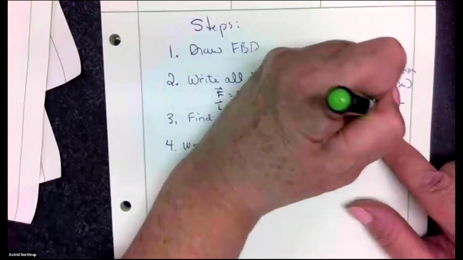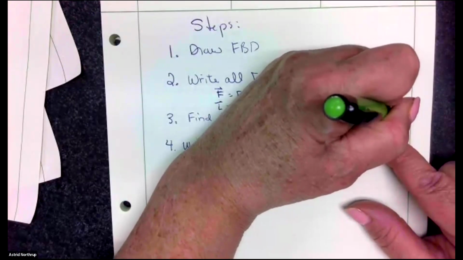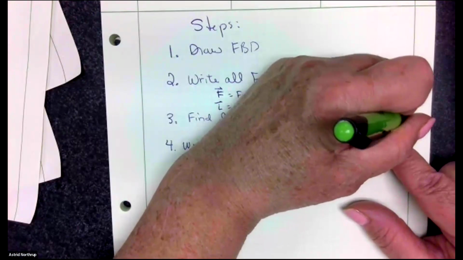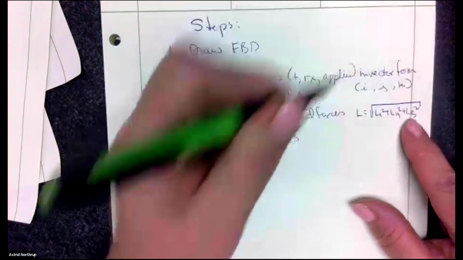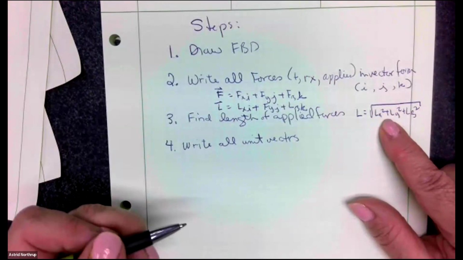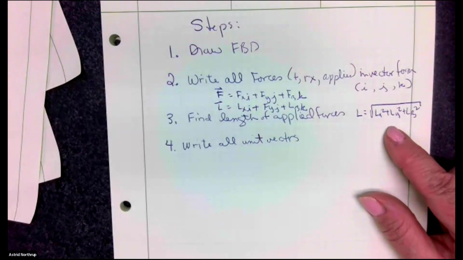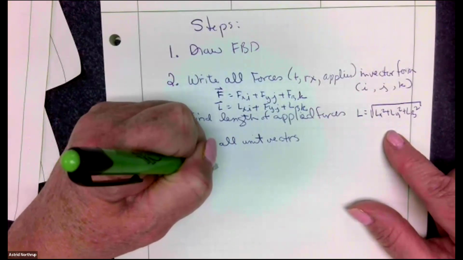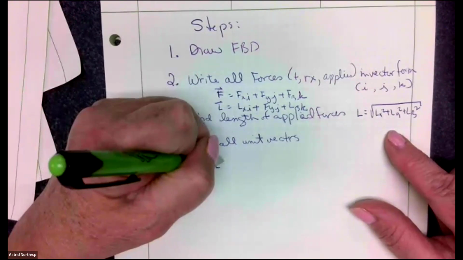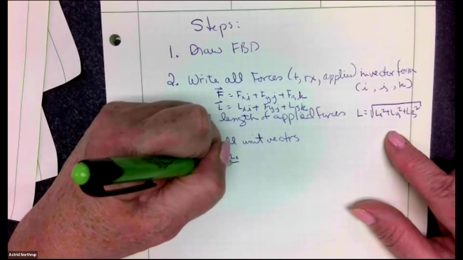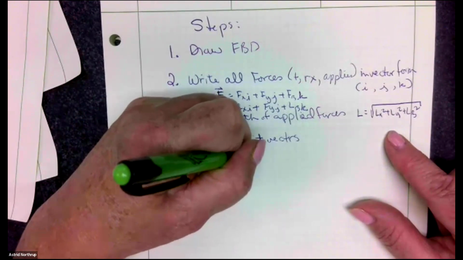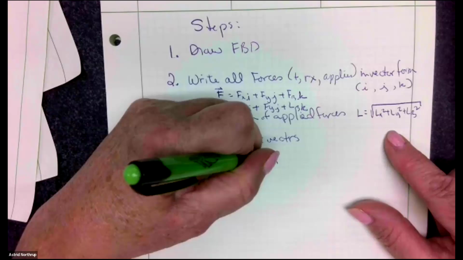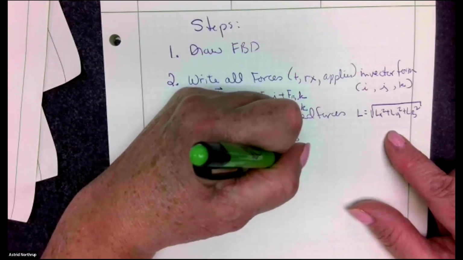So the length then is going to be the length in the X direction squared, plus length in the Y direction squared, plus length in the Z direction squared, each term squared, added together, in the square root of that. Then you write all unit vectors. For example, lambda directed along vector L is going to be L sub X over L, I, plus L sub Y over L, J, plus L sub Z over L, K.